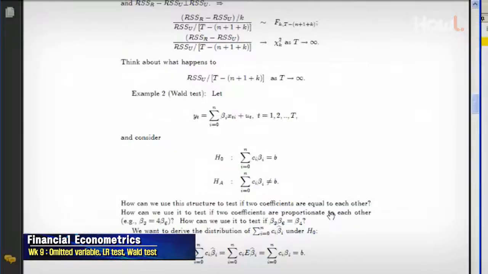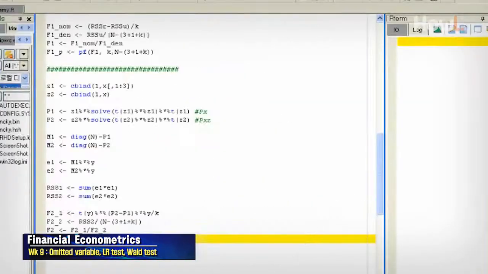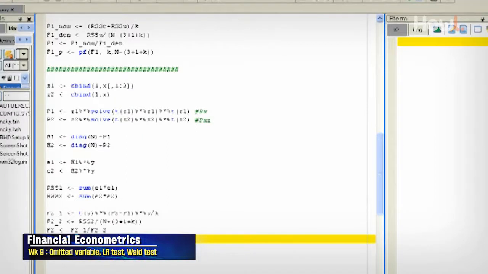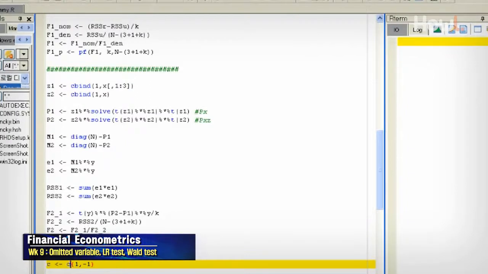So let's use vector notation. Now let's do the Wald test. So let's define C as 1 and -1. It is a matrix.